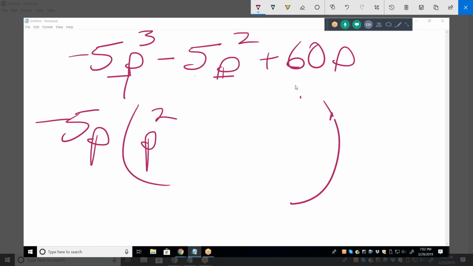Don't wait until you've factored the whole thing to check your work. The best way to check your work on math is immediately. In other words, is this times that equal to minus 5p cubed? Yes. Okay, that's correct then.